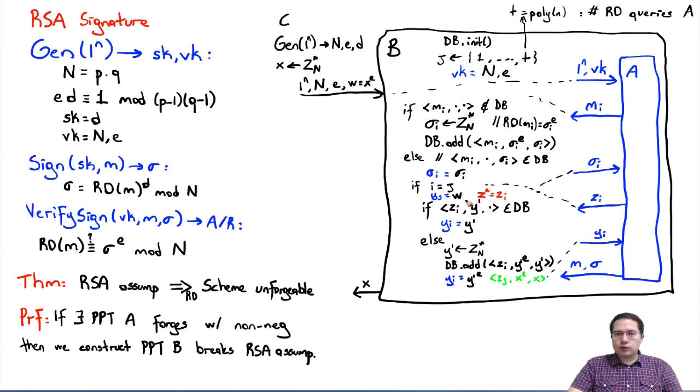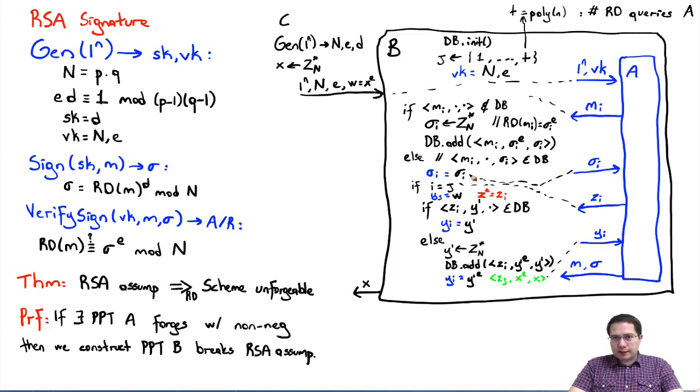Now let's get back to answering the signature queries. Remember, if that message is not queried before, we generate the corresponding signature and the random oracle output. We remember these and send back this signature. Otherwise, it's already in the database, and we send back whatever is stored.